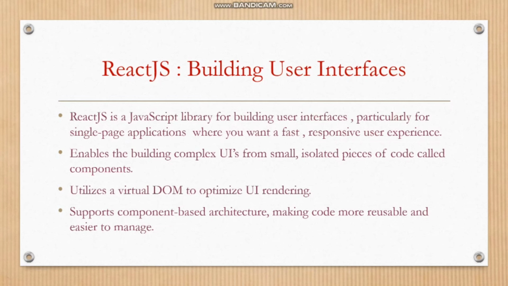React.js is used for the front end, and it enables building complex UIs from small and isolated pieces of code called components. It utilizes a virtual DOM, document object model, to optimize UI rendering. It also supports component-based architecture, making code more reusable and easier to manage. That's all about React.js.